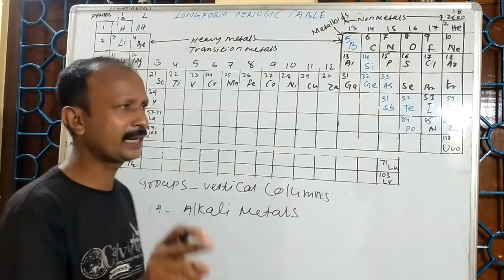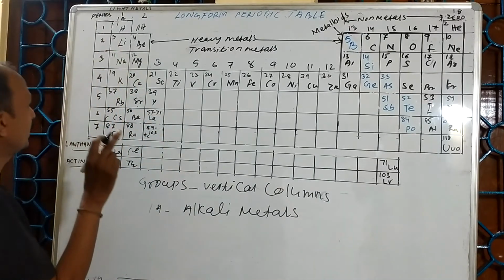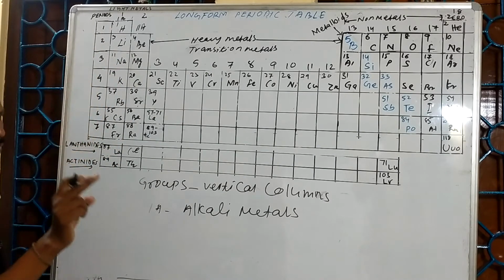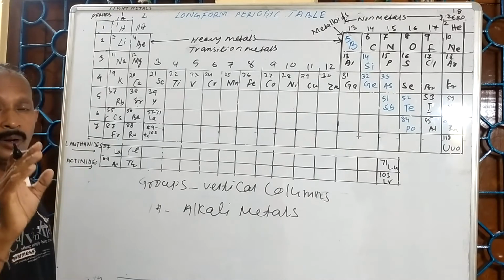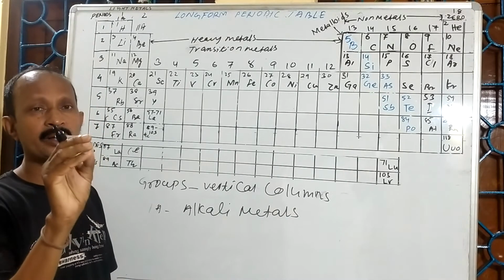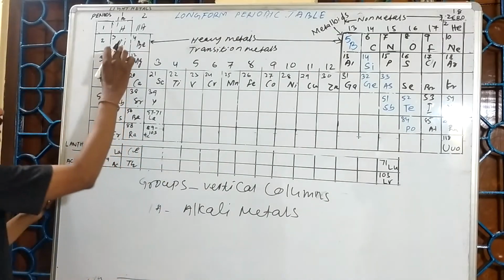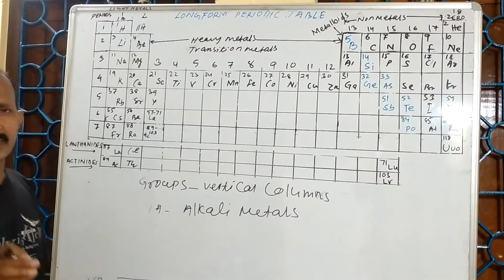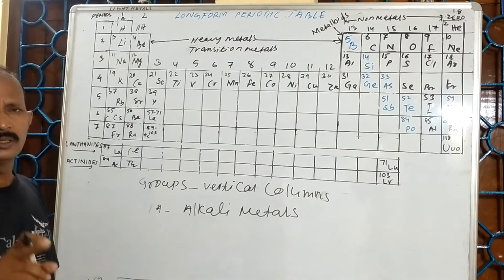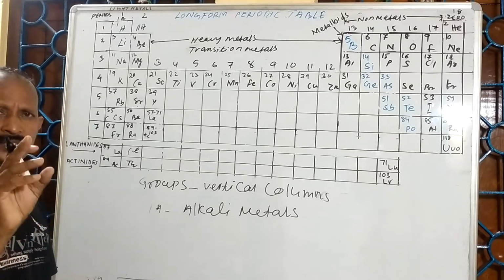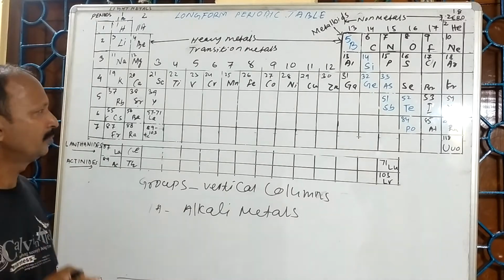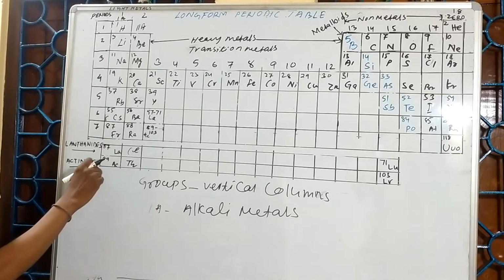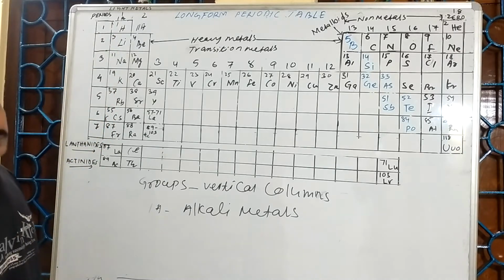You see that except hydrogen, all have one valence electron, and except hydrogen, all are metals: lithium, sodium, potassium, rubidium, cesium, francium. All contain valence electron 1. Their valency is also 1. That means their electronic configuration is repeated down the group.